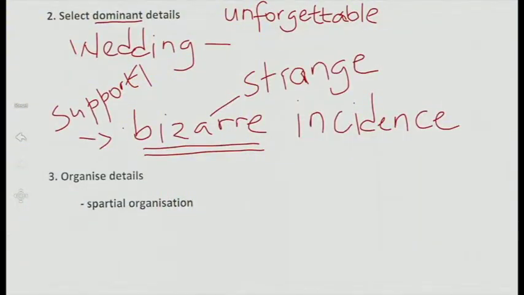When something is bizarre, it is strange. So what are the things that are out of the ordinary that happened in that particular incident? Those are the dominant details that you need to focus on in your writing, because you cannot write about everything that happened there. All right. So basically, that is that.